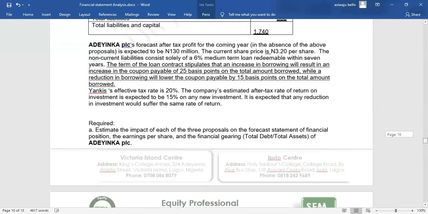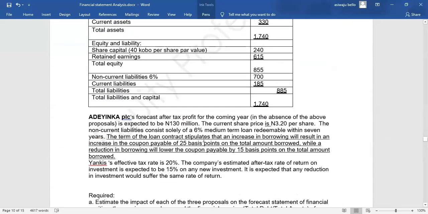Look at the last paragraph. The company's estimated after-tax rate of return on investment is expected to be 15% on any new investment. Full stop. It is expected that any reduction in investment will suffer the same rate of return.